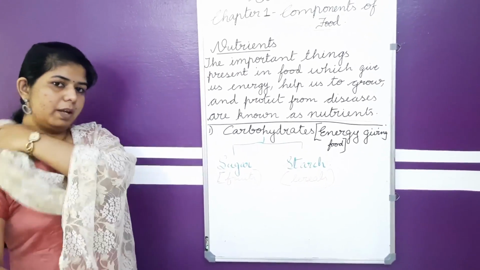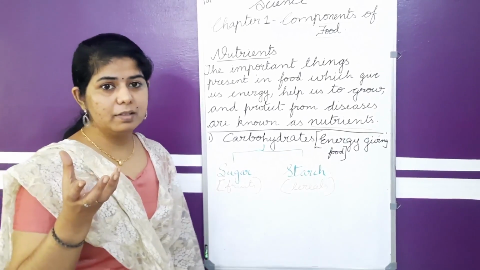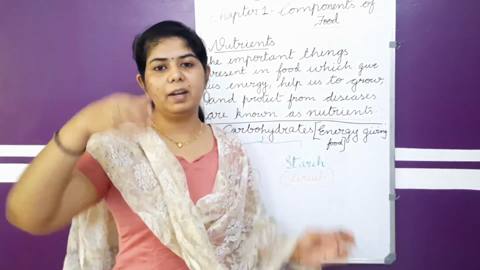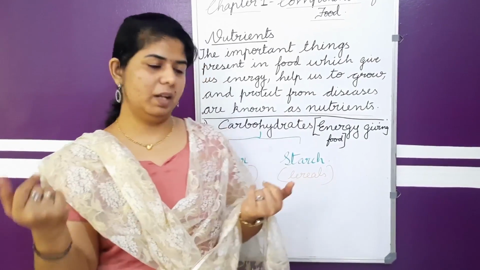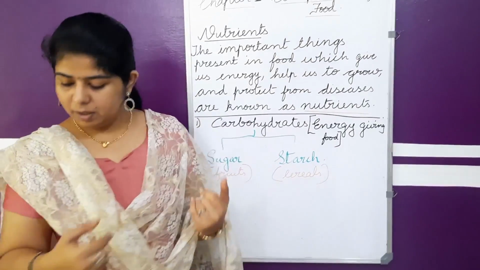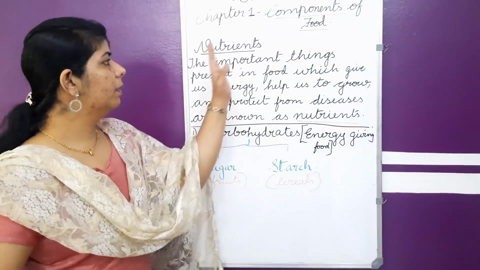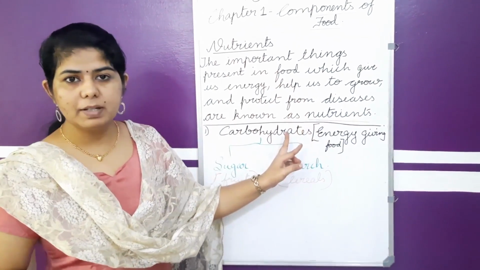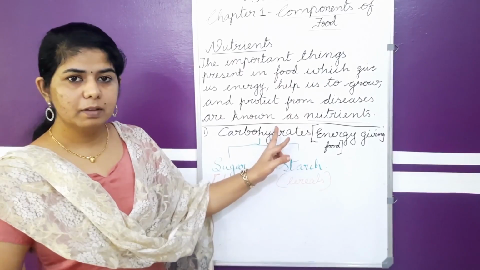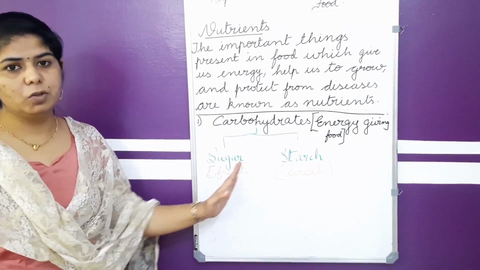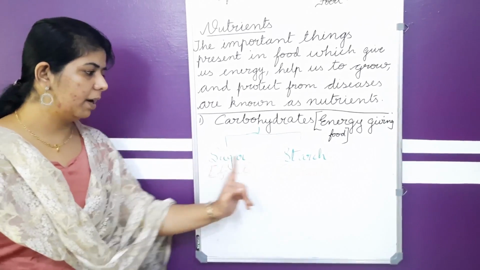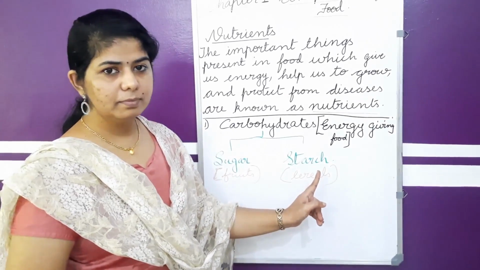Yes. So shall we move to the next one? Next nutrient, the most important nutrient for growing children. Yes, that is the proteins. We need proteins. I hope all have copied this. So, the two types of carbohydrates are sugar and starch.